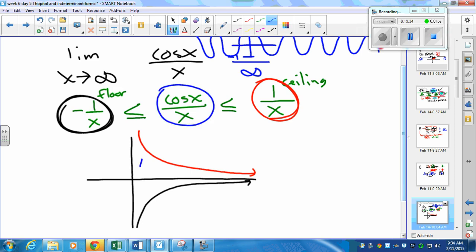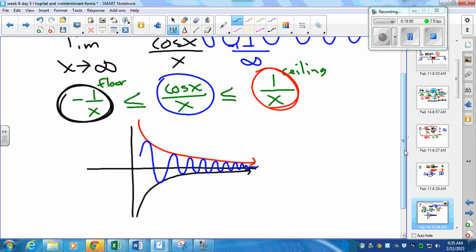Sometimes he will hit the ceiling and the floor, and he bounces up and down, but he's pinched. So, let me ask you this. At infinity, where's the black one go? To 0. At infinity, where's the red one go?